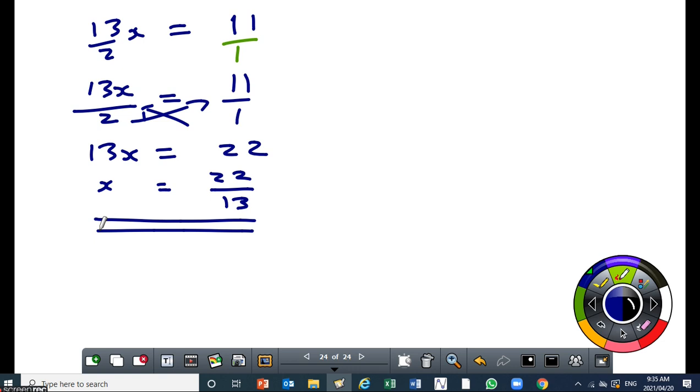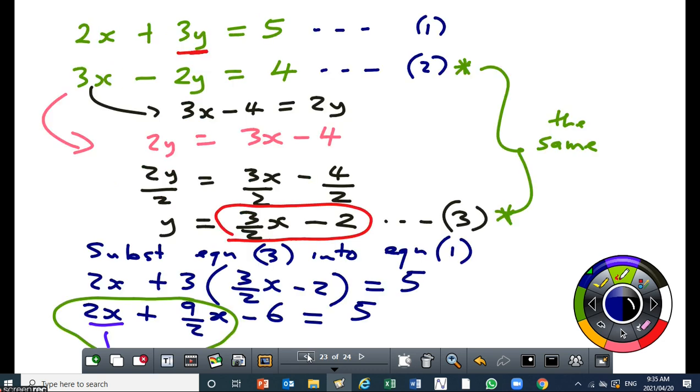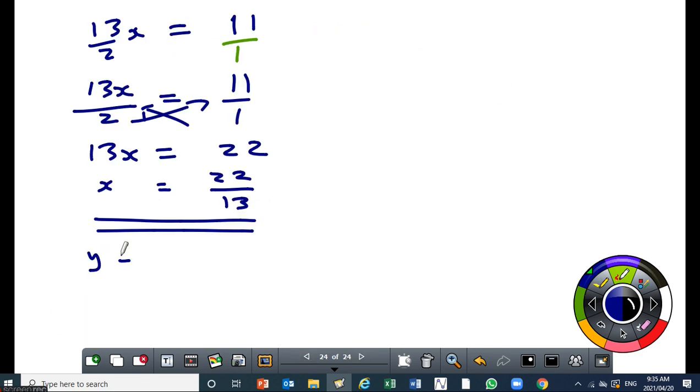So for me to get the y value, I need to substitute this x where there is y in equation 3. So I'll go back to my equation 3, this one here: y is equal to 3 over 2x minus 2. I'm going to rewrite it. Y is equal to 3 over 2x minus 2.